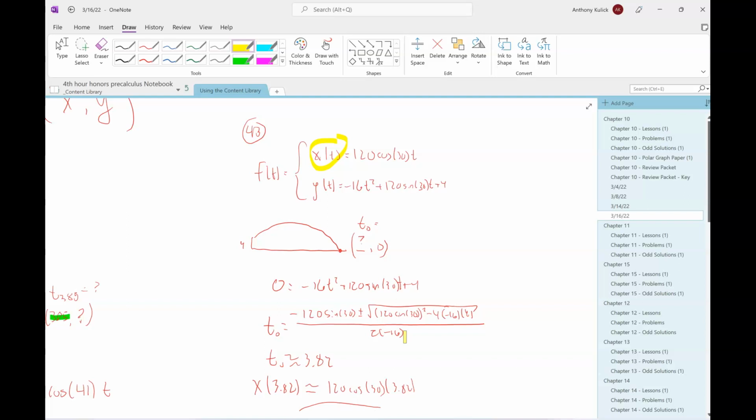And to find out if the ball will clear the fence, into x you would plug in how far the fence is away, and you would find the t. That finds your t. So you're plugging that into x, 350.